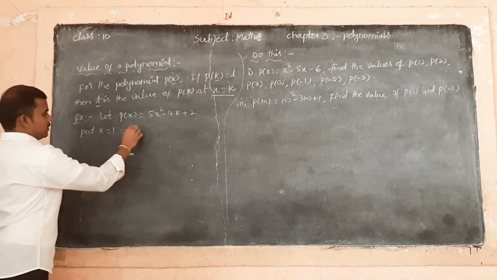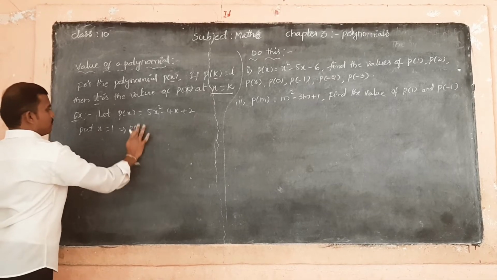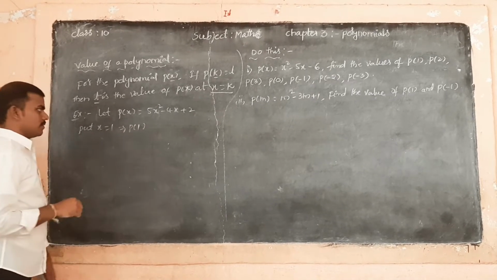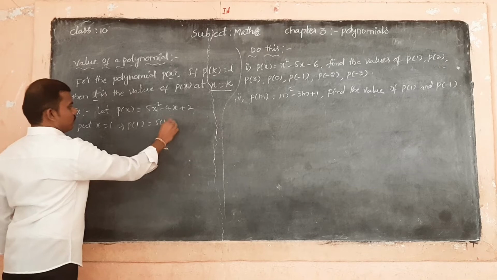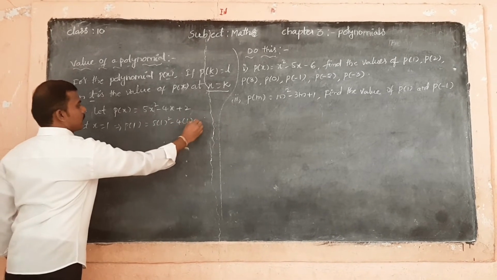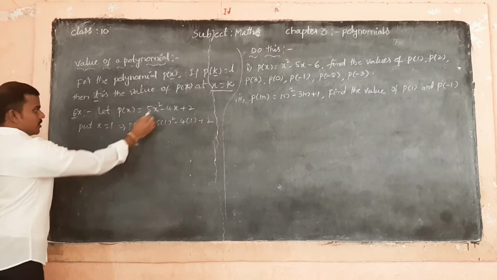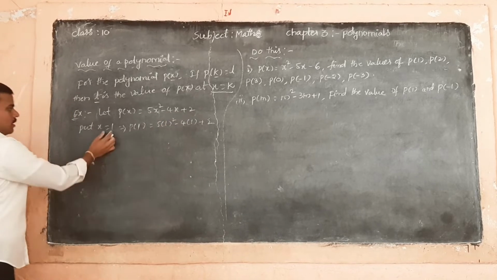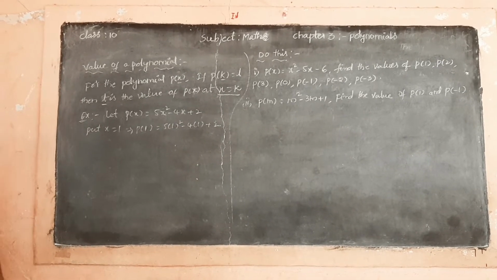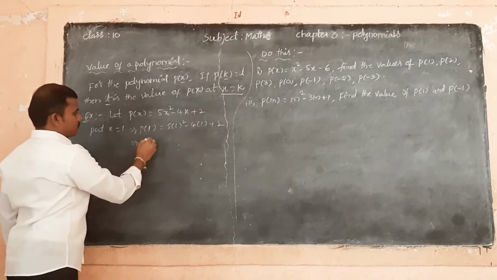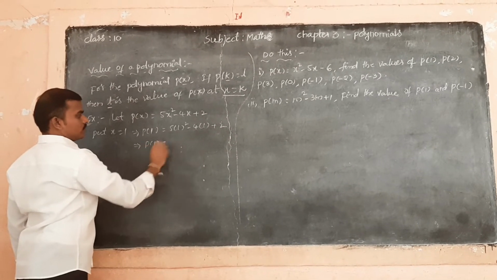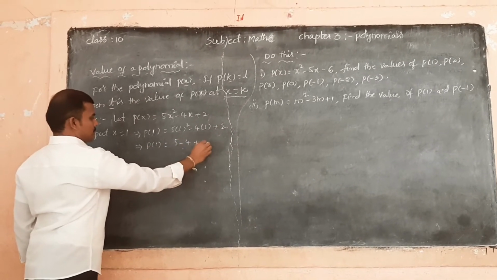So we will get the p of x value. So p of 1 is 5 into 1 whole square minus 4 into 1 plus 2. Wherever x is there, we have to substitute the value 1. So p of 1 is equal to 5 minus 4 plus 2.